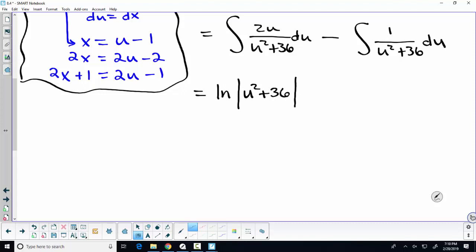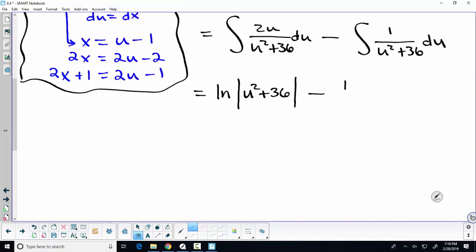Quantity that's always positive. Minus, what is this second integral? You could use a trig substitution, yeah. Factor out the 36. But even easier than that, it's our tangent, right? 1 over u squared plus a squared.